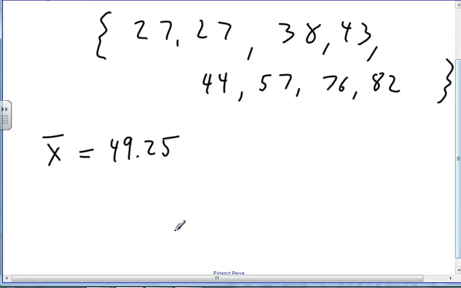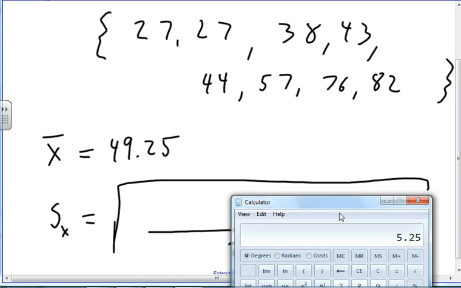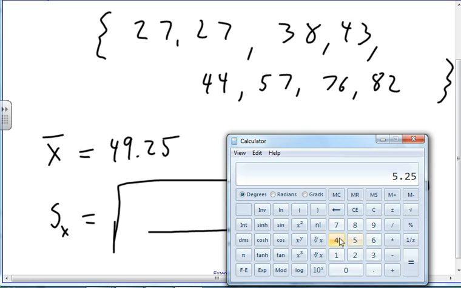Alright, then we need a sample deviation, square root of, divided by 7. Okay, so I go back to my calculator. 49.25 minus 27 equals squared, times 2 plus parentheses. Let's just do it.